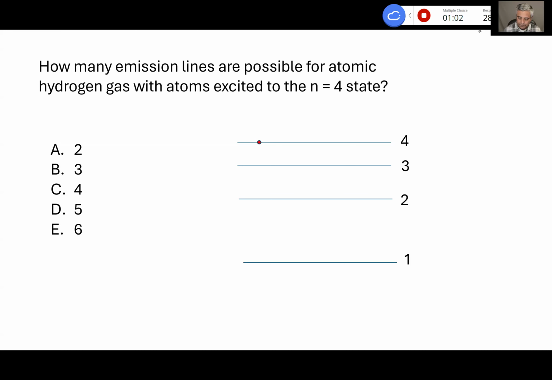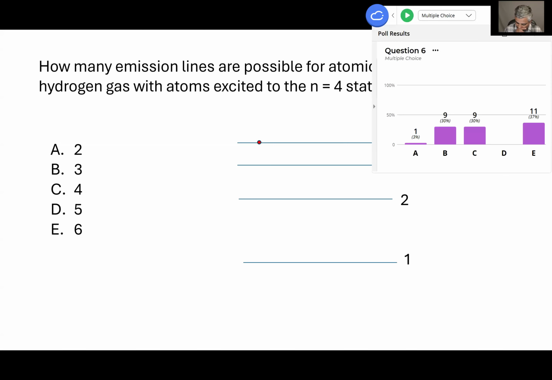Thirty more seconds. And 5 more seconds. 5, 4, 3, 2, 1, and it stops. Okay, let's see what we get. We have B, C, and E. Nobody chose D. Why no love for number 5?